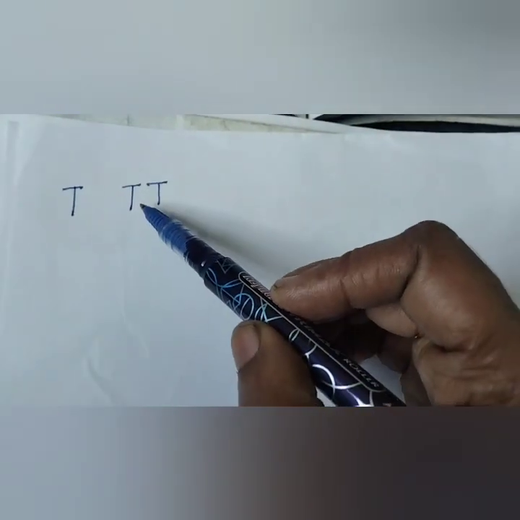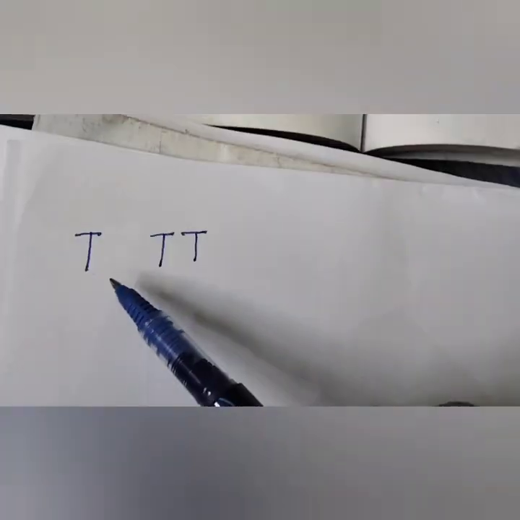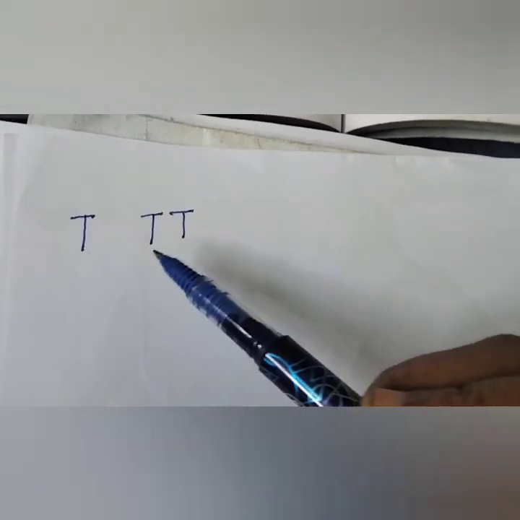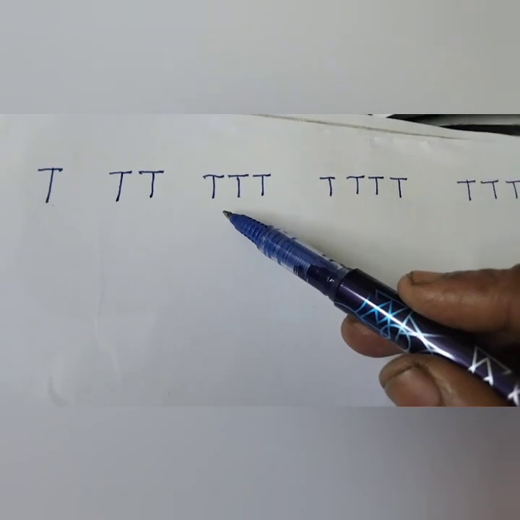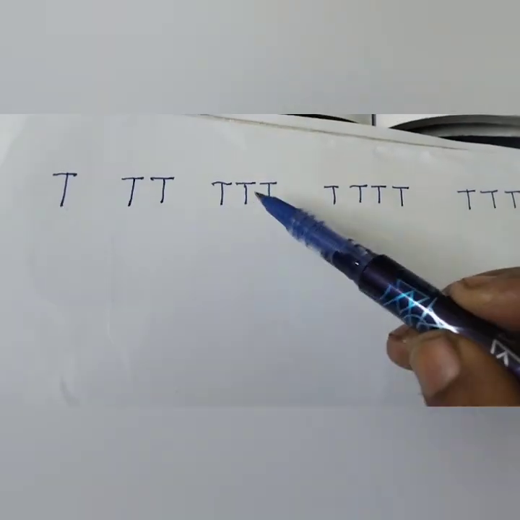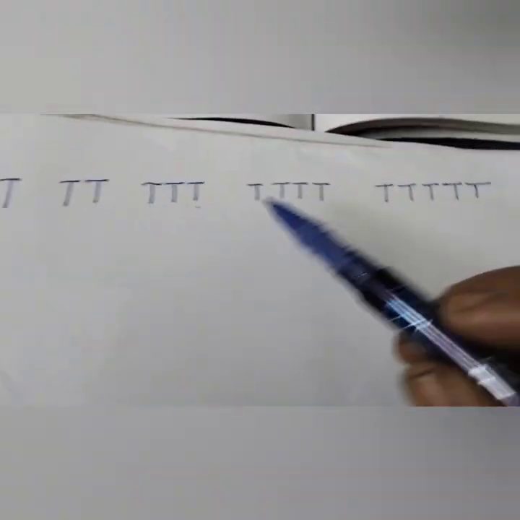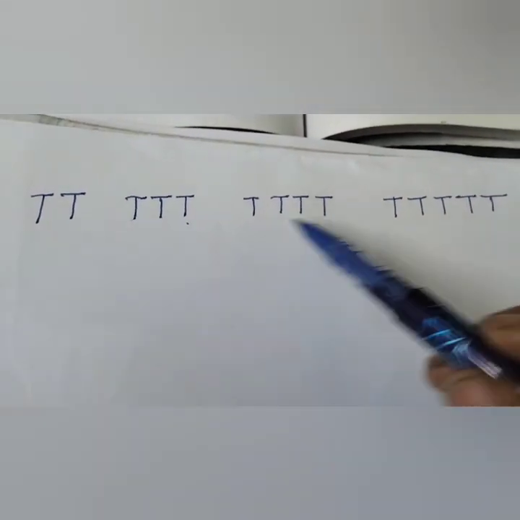To make 1 T, we needed 2 matchsticks. And to make 2 T's, we need 4 matchsticks. If we want to make 3 T's, 2, 2, 2. So 2 sticks, 2 sticks, 2 sticks. In the same way for 4, we need 2, 2, 2, 2, 4 times.